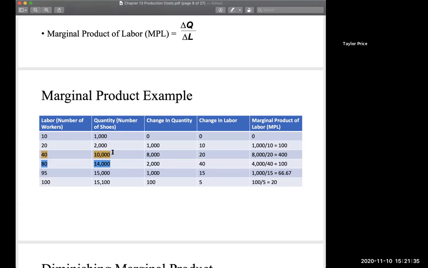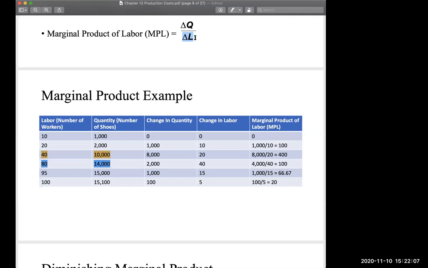The change in quantity is basically going to be the difference between these two. In this case, it would be 4,000, so the difference between 10 and 4, and then the difference between 80 and 40. So then you would just take 4,000 over 40, which gives us 100. So it doesn't always have to be over 1. It's basically just over whatever the change in labor is.